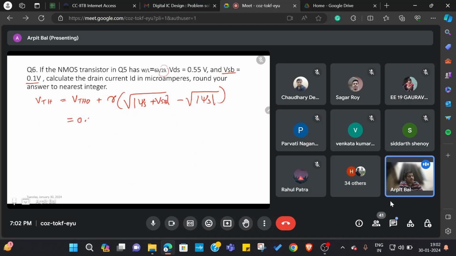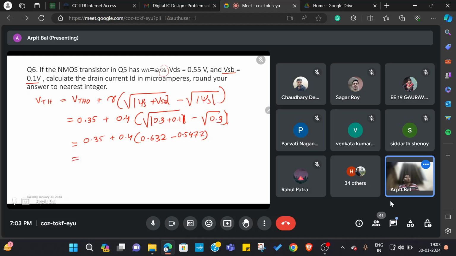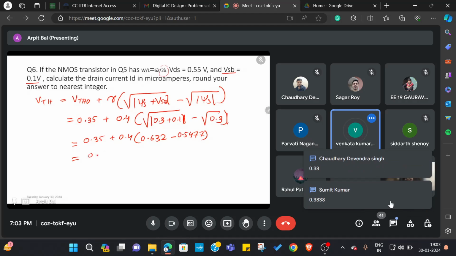So 0.35 plus 0.4 into square root of mod 0.3 plus 0.1, minus square root of 0.3 equals, so can someone calculate this? 0.4 into 0.632 minus 0.5477 gives 0.3838.